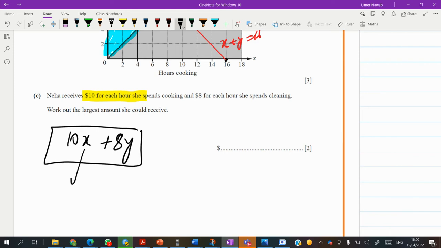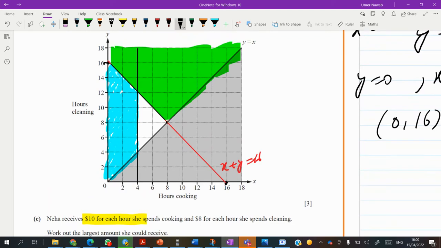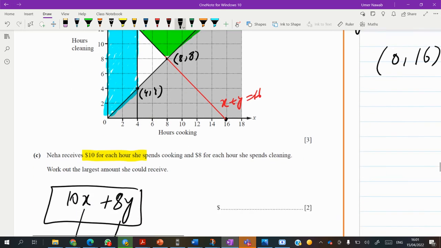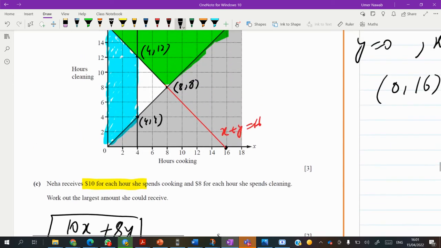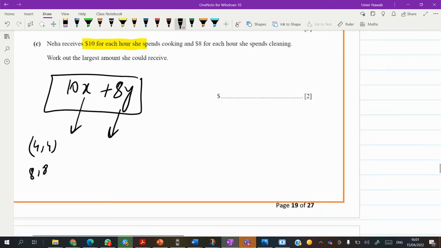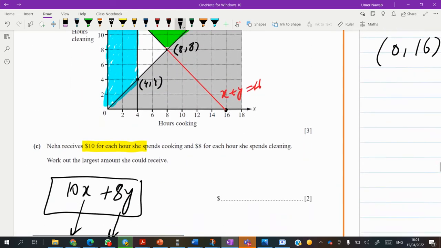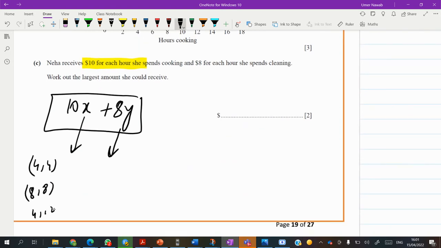So guys, we need to look for the x and y coordinates of the corner points. This corner point is (8, 8), x is 8, y is 8. This corner point is (4, 4), x is 4, y is 4, and this is (4, 12). You need to plug all these points, (4, 4), (8, 8), and (4, 12), into the expression to see which gives you the biggest answer.